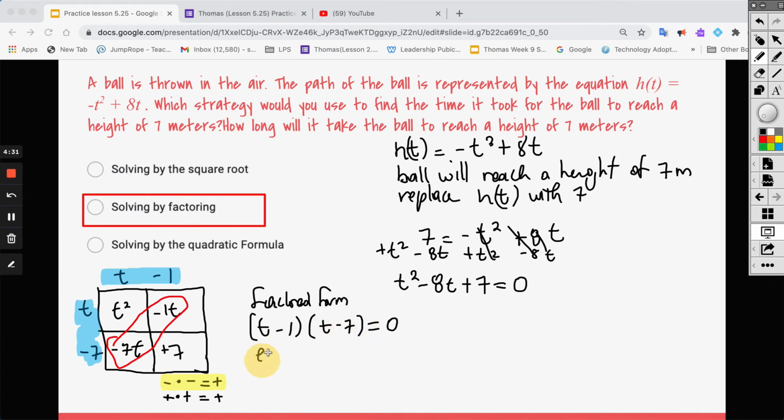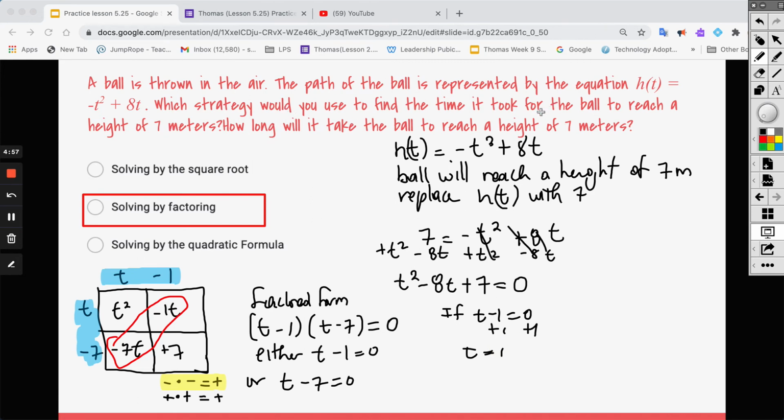So either t minus 1 is equal to 0 or t minus 7 is equal to 0. If t minus 1 is equal to 0, then we can solve by adding 1 to both sides. So we know t is equal to 1, and that's going to be the time measured in seconds.